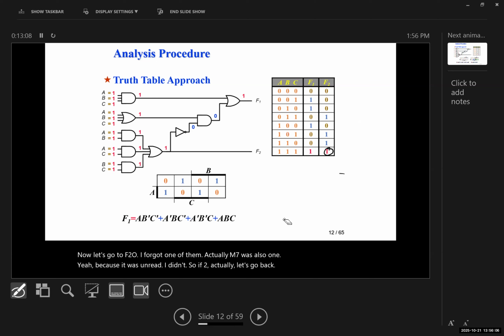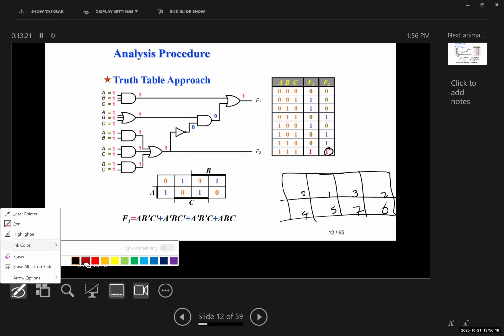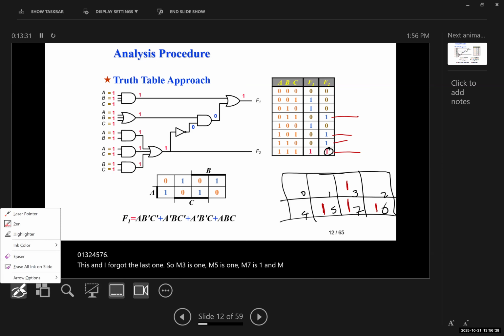I made a small mistake. So M3 is 1, M5 is 1, M7 is 1, and M6 is 1.